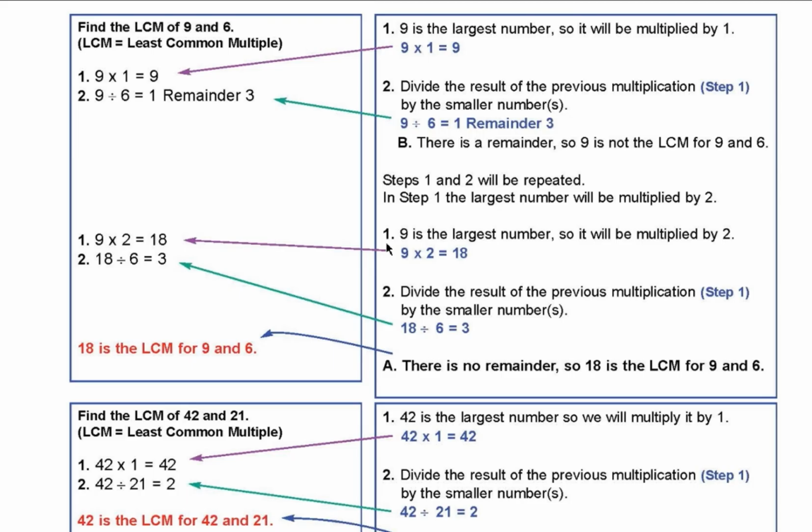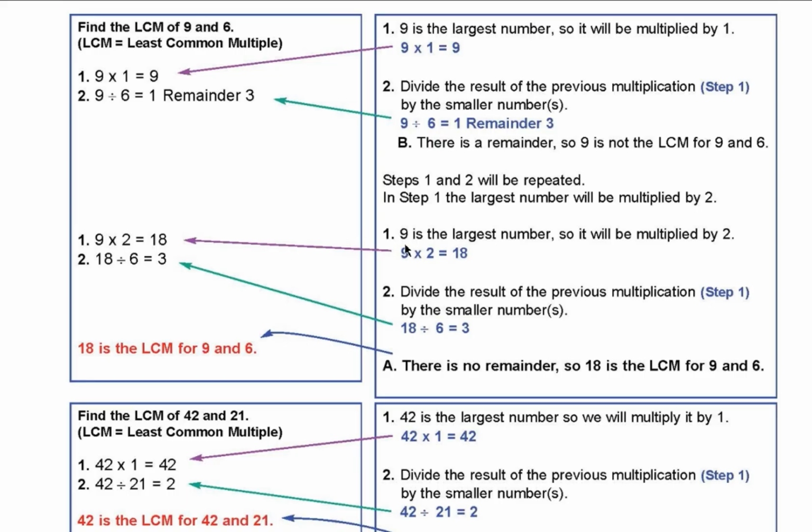Step 1, multiply the larger number by the number 2. Remember, of the two numbers, 9 and 6, 9 is the larger number.